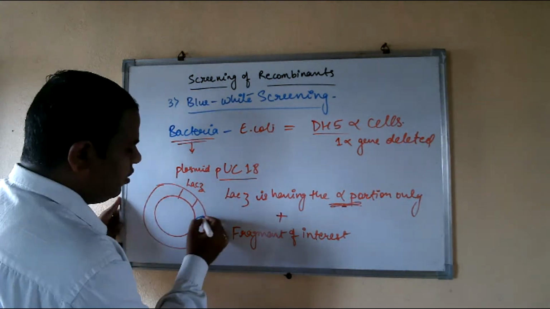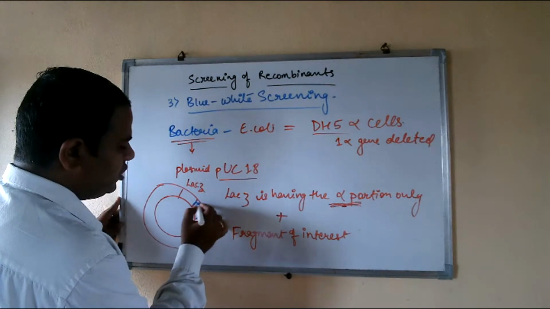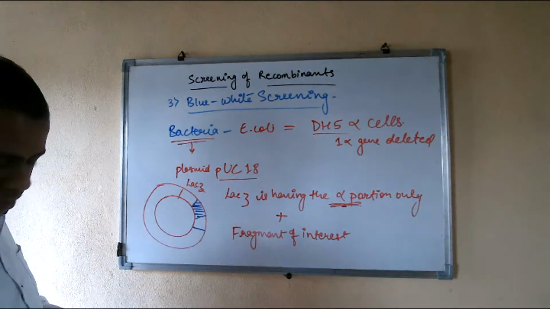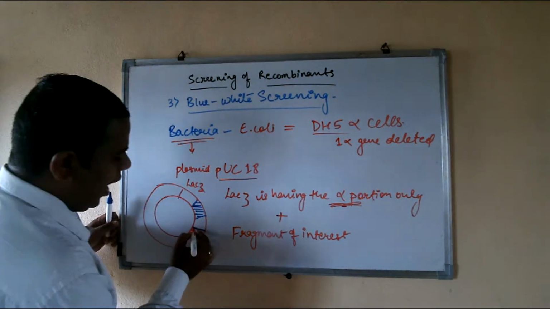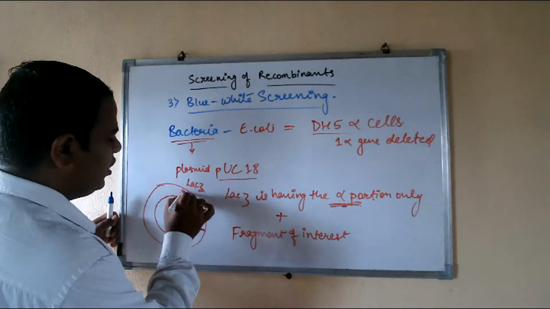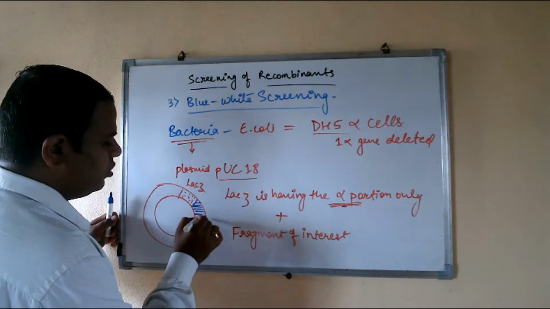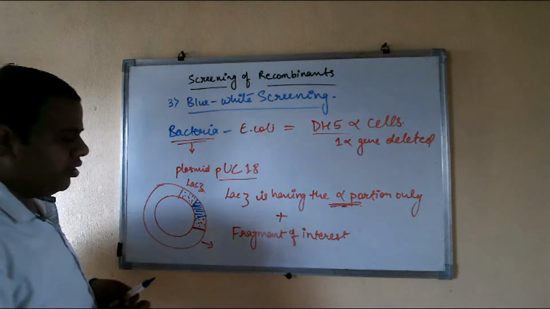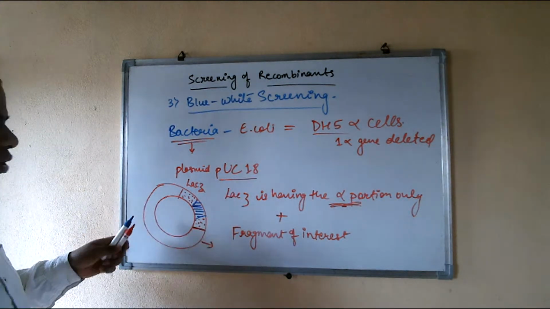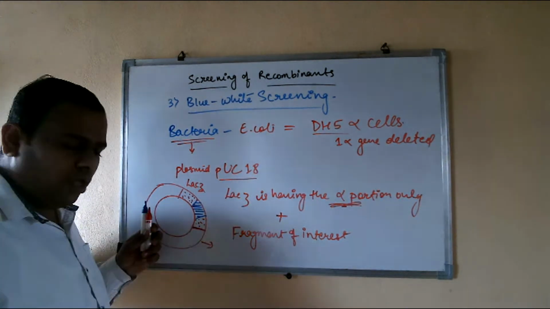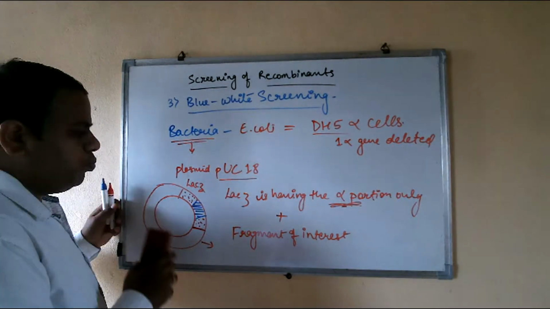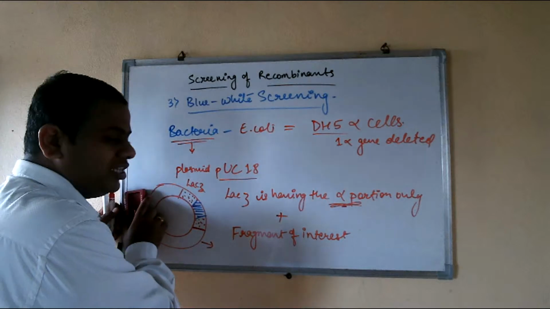You add your fragment of interest in between the lacZ gene. I haven't shown you the other genes present in the pUC plasmid. You put this plasmid into the bacteria.